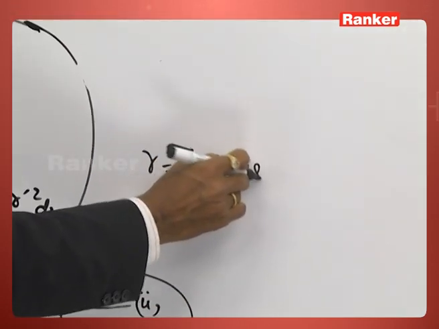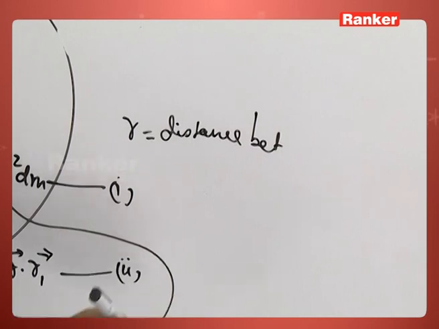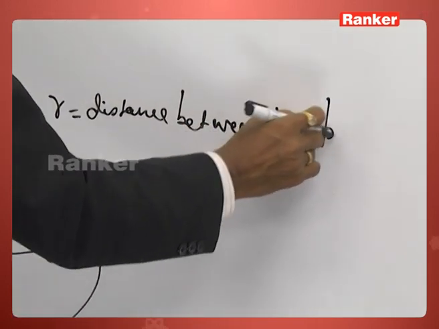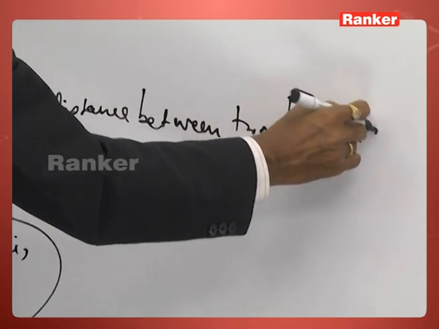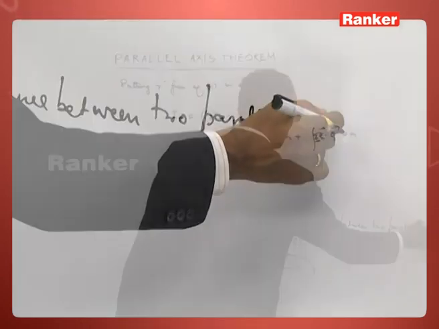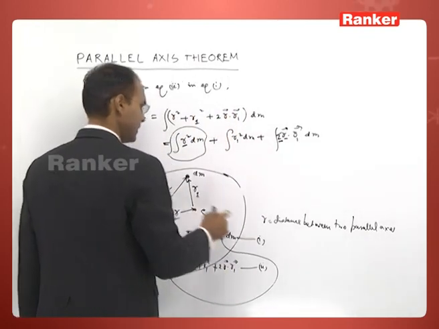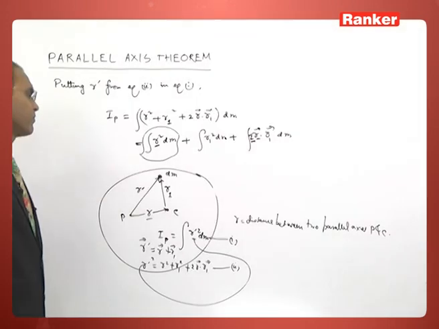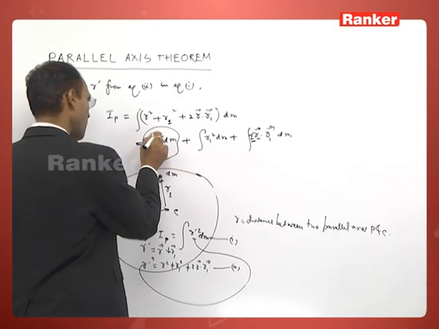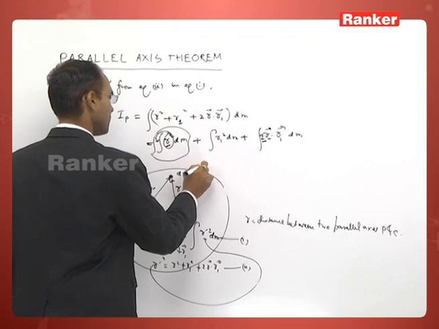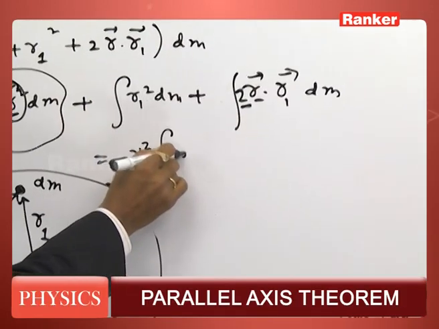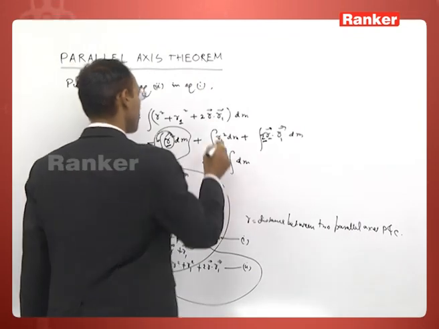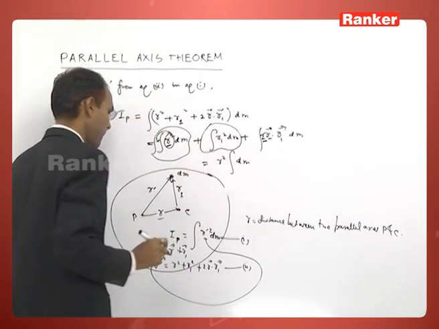The distance between the two parallel axes P and C. This is a constant quantity. Pull it out of the integral to get r square integral dm. Come to the second term.